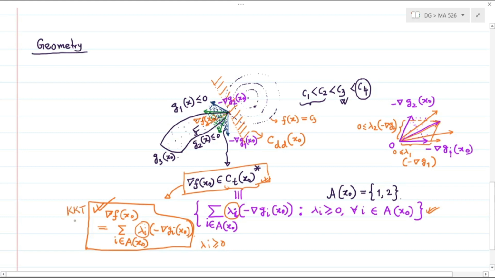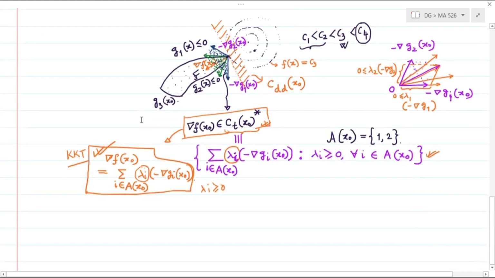Let me in the next prove the KKT necessary optimality condition for a constrained optimization problem. It says the following. This is the principal result in this lecture note. In the entire course even, the principal result is the following.